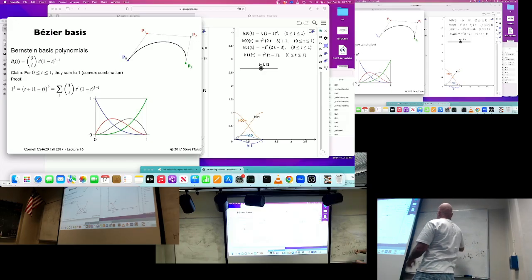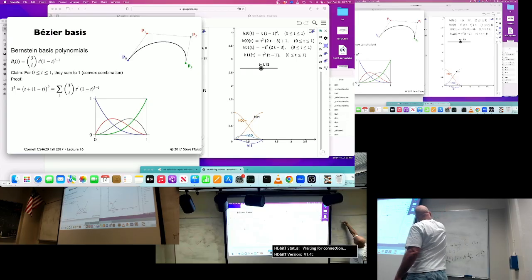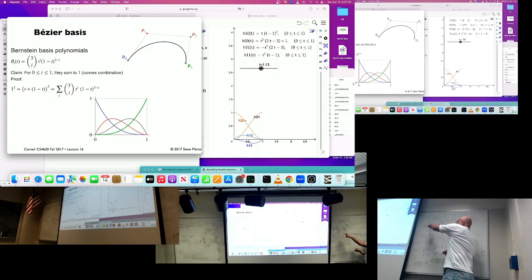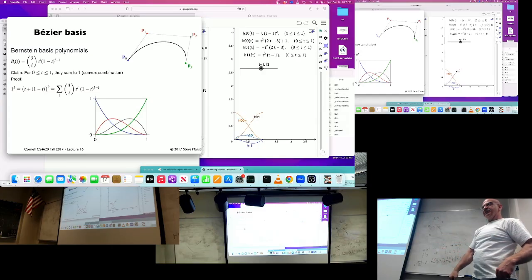Bernstein said, take B0 of t times, if I have the points A and B and A prime, B prime as control points, then what did we say about the Bezier? It starts at A, it will end at B, and A prime and B prime can pull or push this curve.